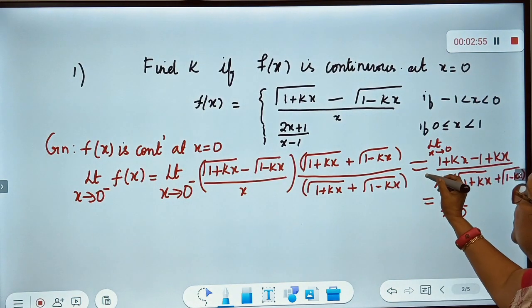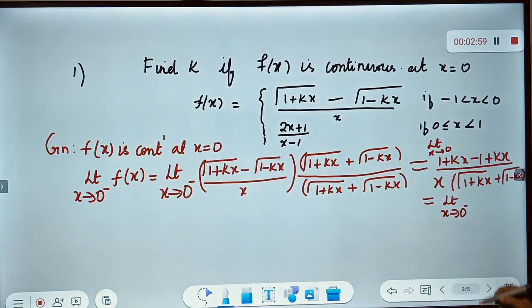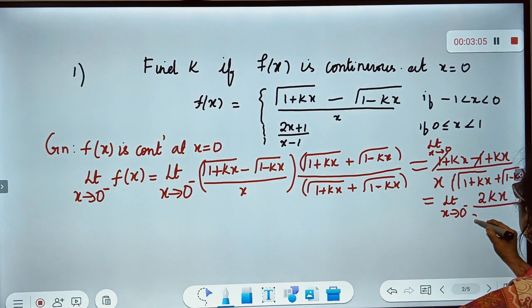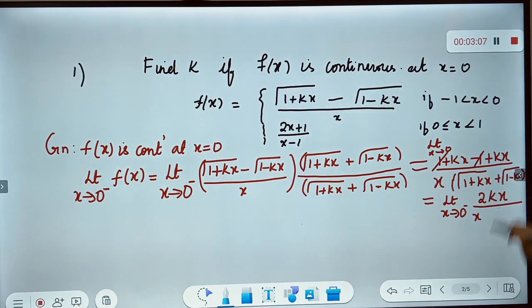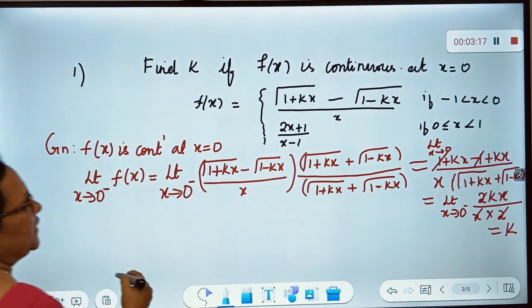A square minus b square, so 1 plus kx minus (1 minus kx). This will become 2kx by x into root of 1 plus root of 1, which is 2. Which gives the value of k. So your left hand limit is k.